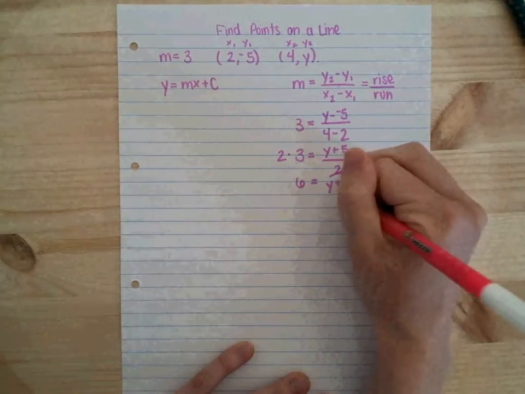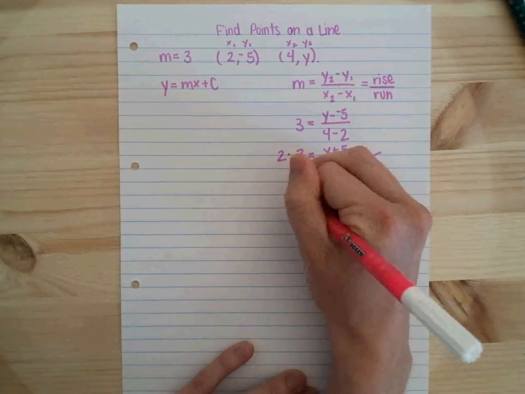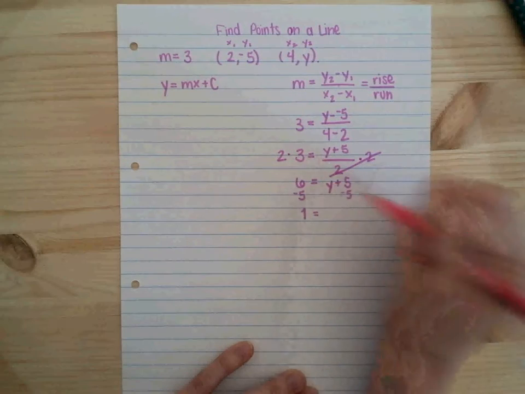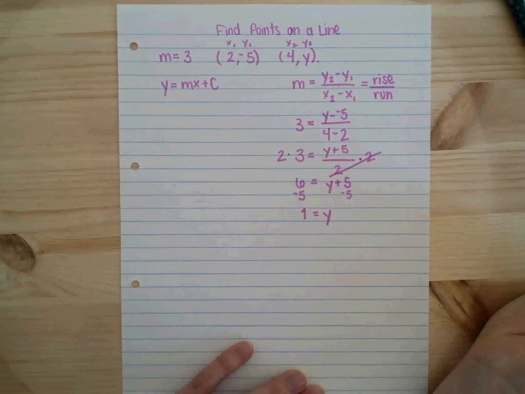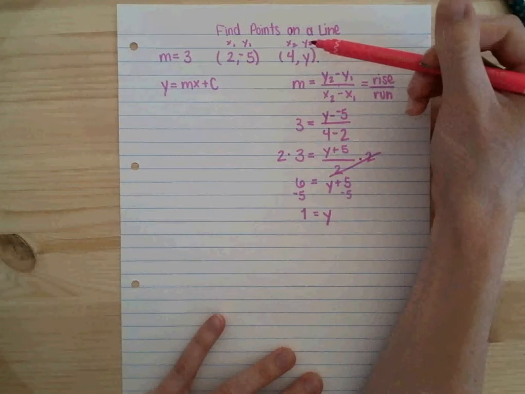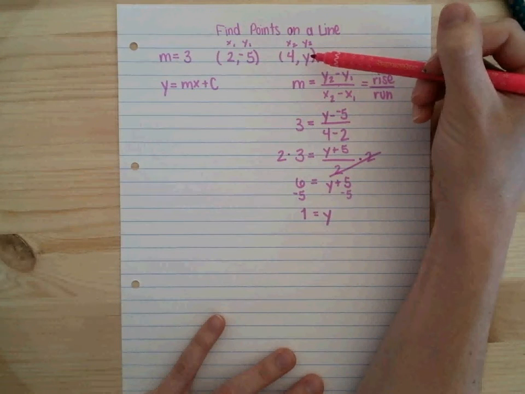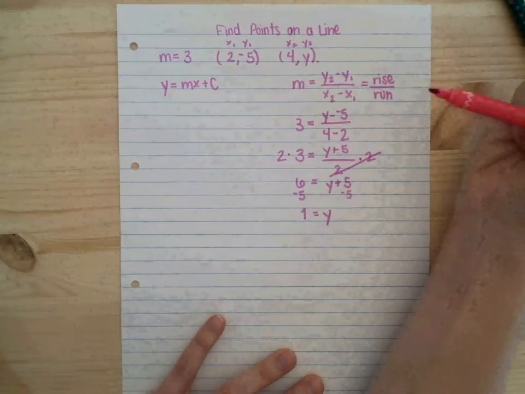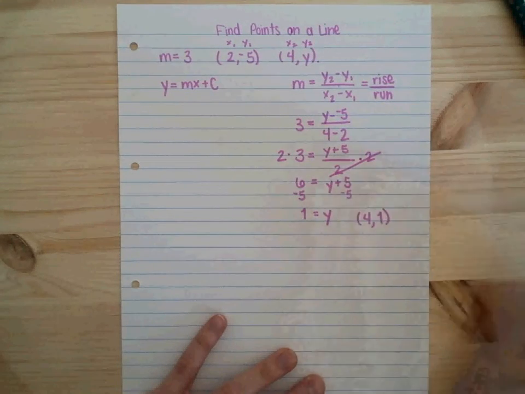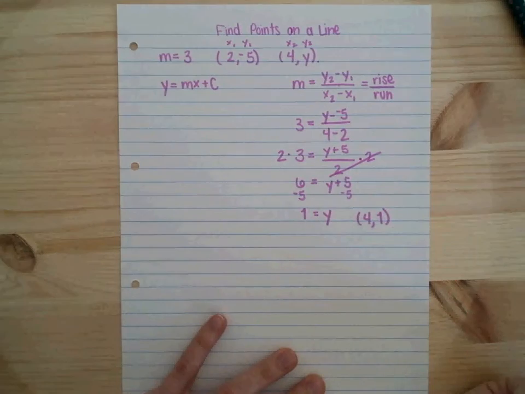I'm going to subtract 5 from both sides to get y by itself. 6 minus 5 is 1, and this is just y. So y equals 1, so that means my y2 value, to have a point that lies on this line with a slope of 3, would be the point (4, 1). So I have found the value of 1 to make this true.